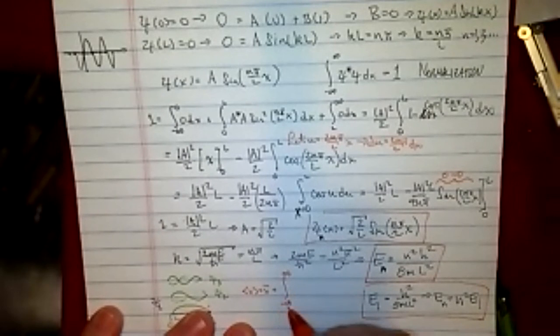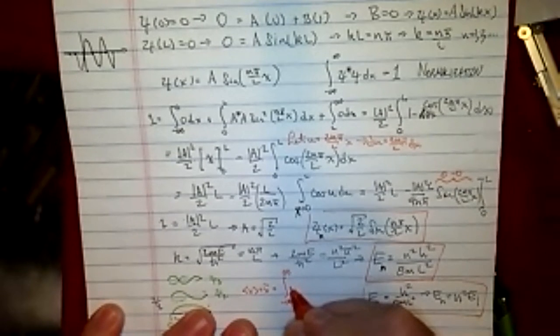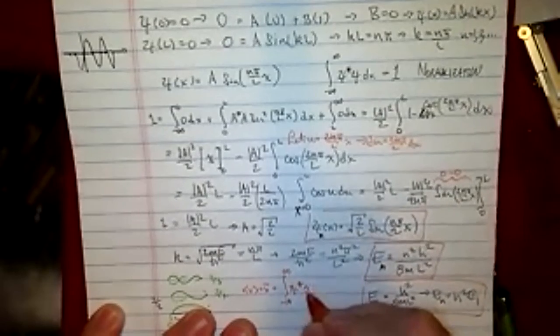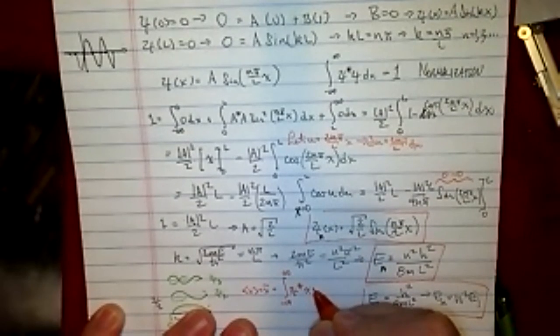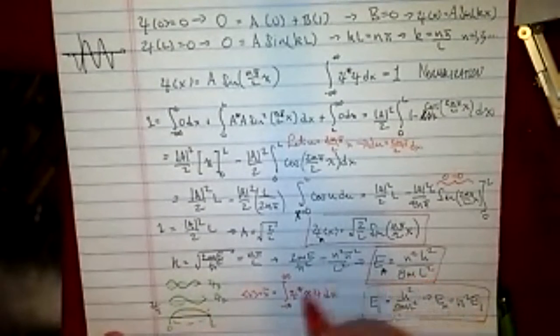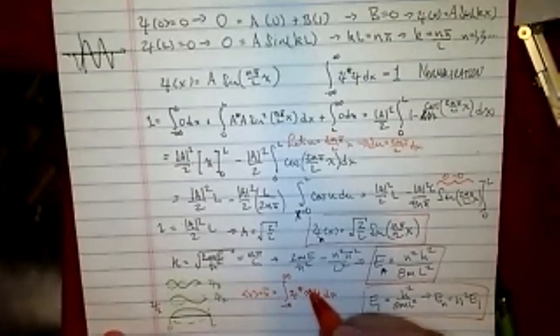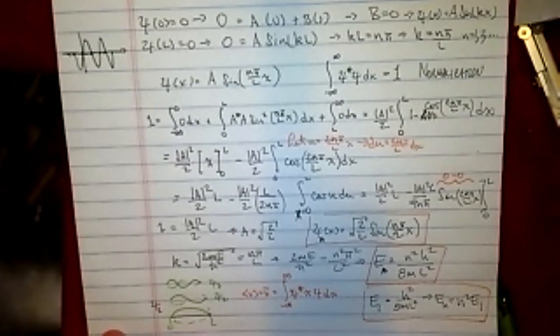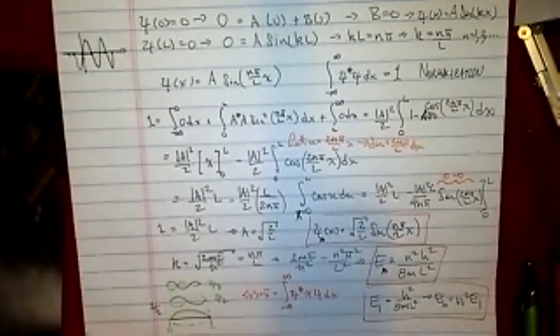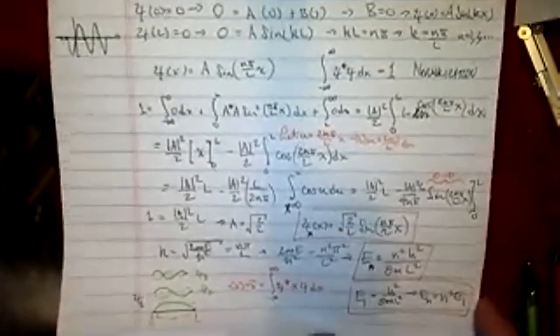It's actually 0 from negative infinity to 0, and 0 from L to infinity, of psi star, which in our case is just psi, times x times psi times dx. That's our average value. If I wanted to know the average value of x squared, I make that squared, and so on and so forth. In this case, you could use integration by parts to actually find that. I might do that in a subsequent problem.